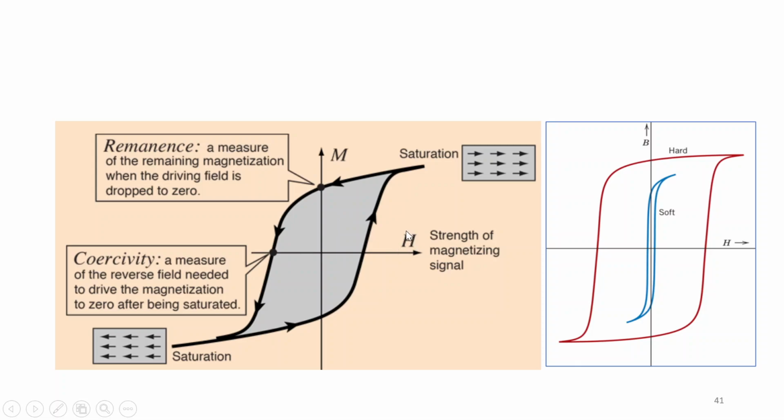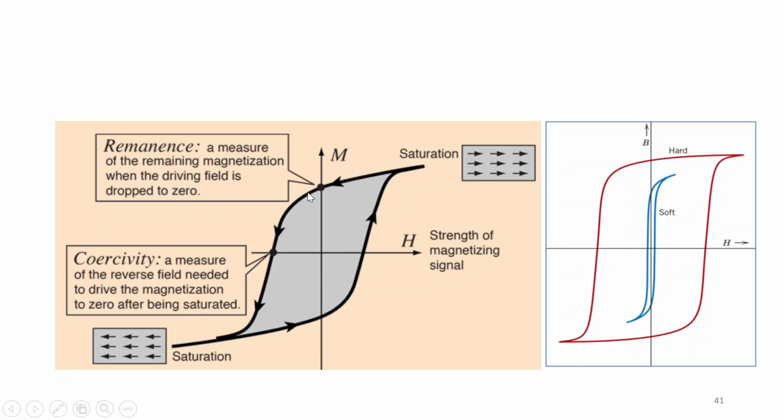Even if the value of the applied magnetic field is 0, there is still some magnetization in the material. This is termed the remanence: a measure of remaining magnetization when the driving field is dropped to 0.